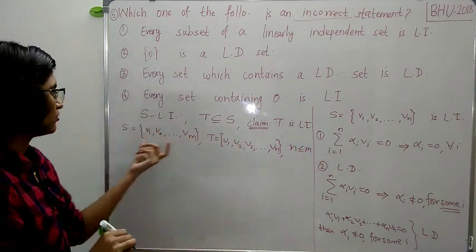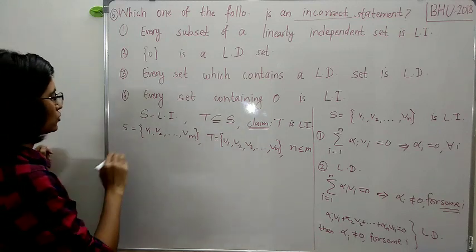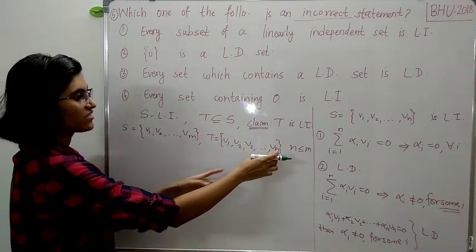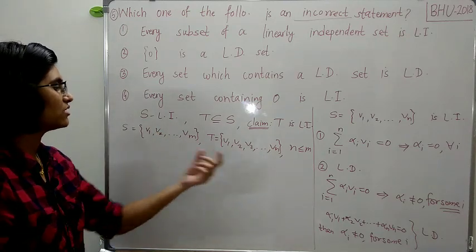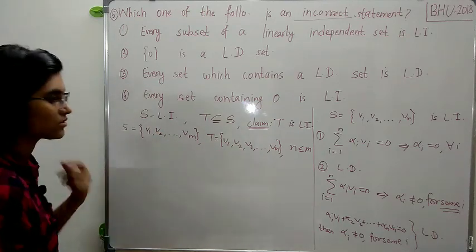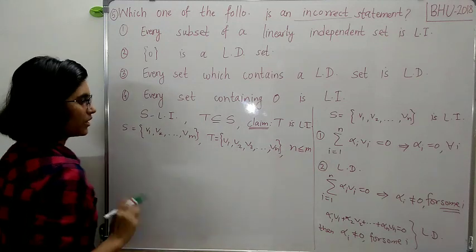Because T is a subset of S, the number of elements in T is less than or equal to the number of elements in S, so n is less than or equal to m.